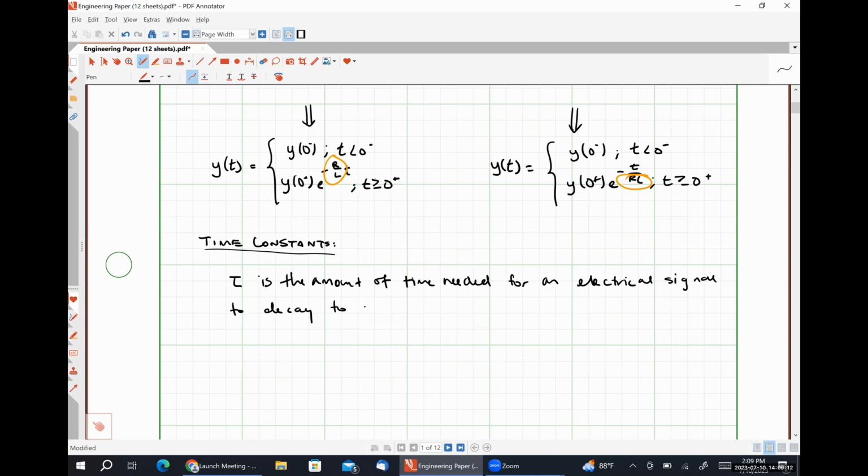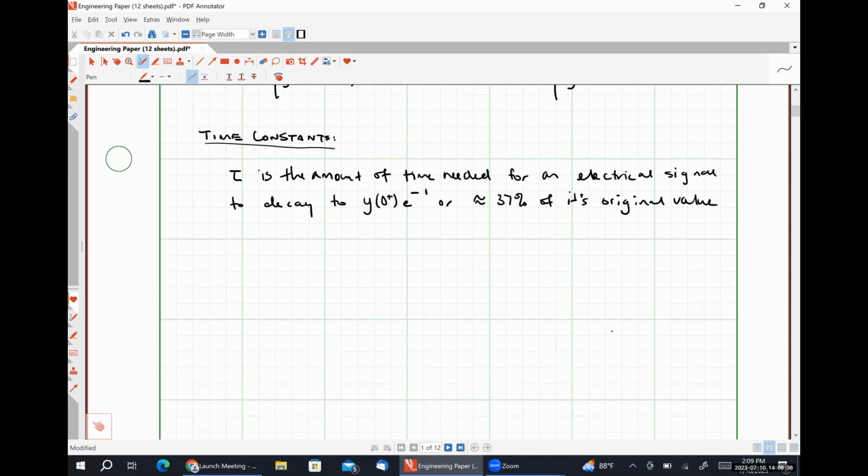Let's call this y at 0 plus, to e to the minus 1, or approximately 37% of its original value. So we can make a simple table here.